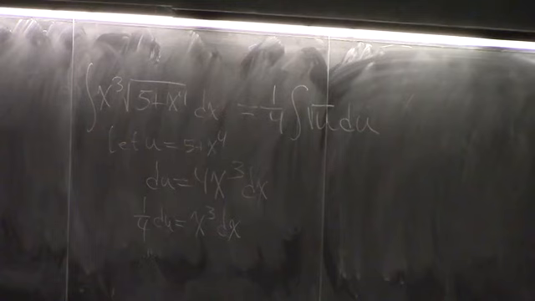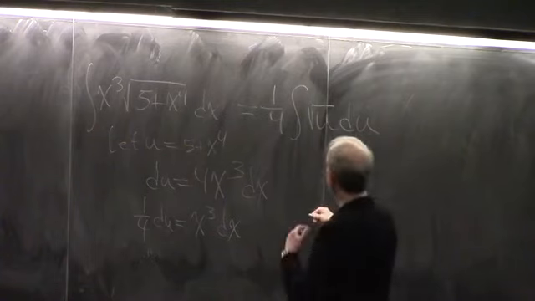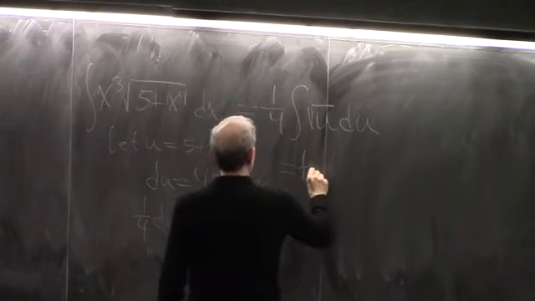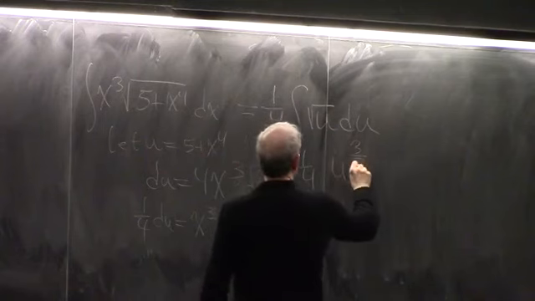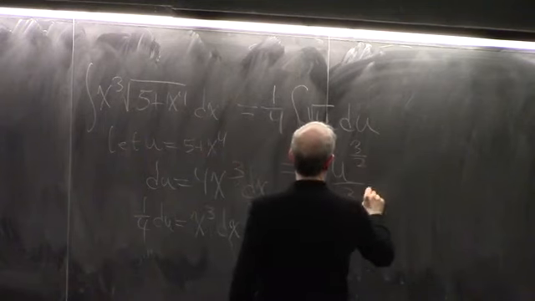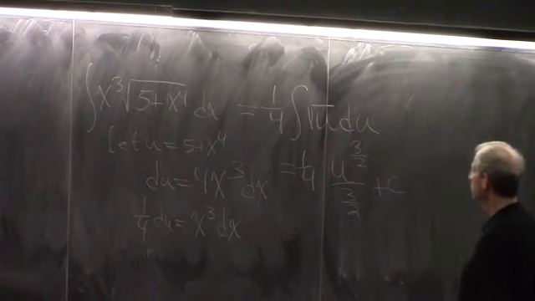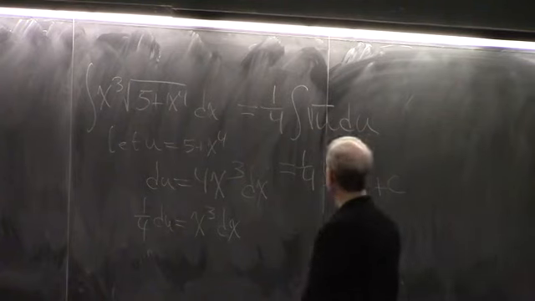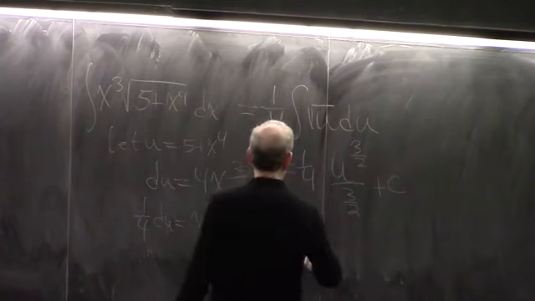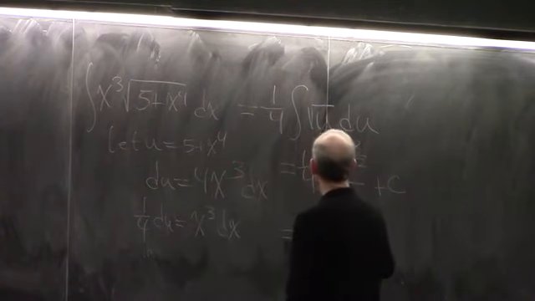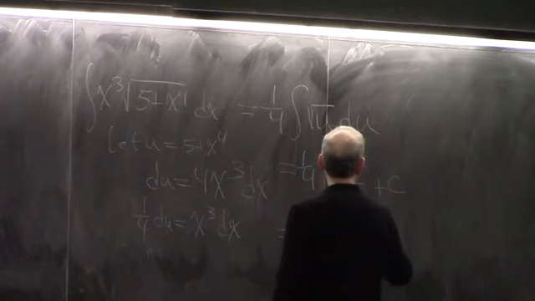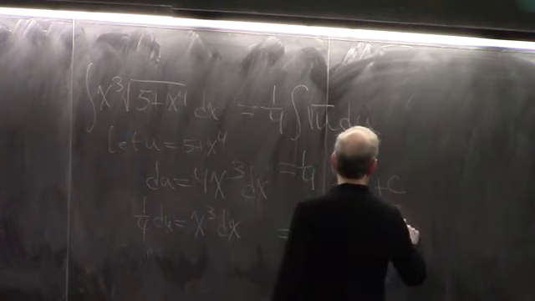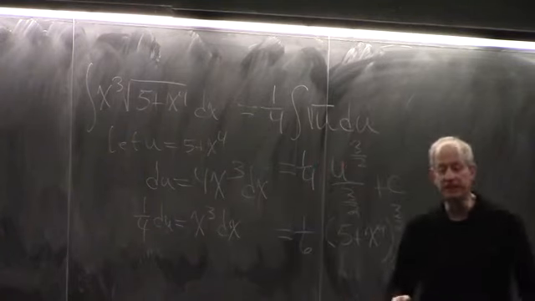Now square root is to the half power, so the integral of that is 1/4 u to the 3/2 over 3/2 plus a constant. Flip the fraction, and you get 1/6 u to the 3/2, which is 1/6 of 5 plus x to the 4th to the 3/2 plus c.